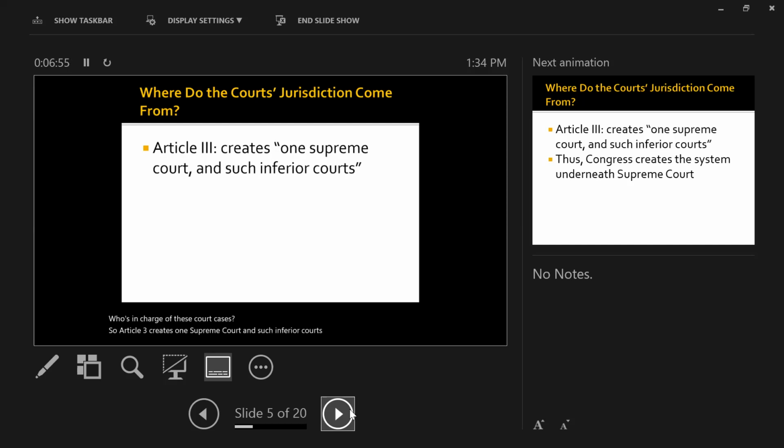The Supreme Court is obviously the Supreme Court of the United States, and these inferior courts are just courts underneath the Supreme Court, which we'll cover in the next slide.